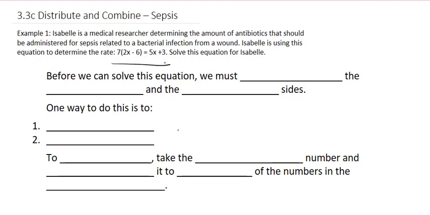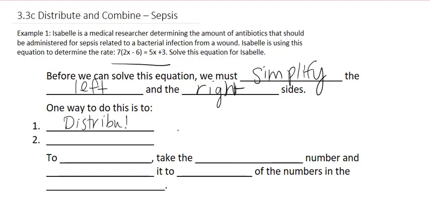But before we can solve this equation, we must simplify the left and right sides. So one way to do this is to distribute and then combine like terms.